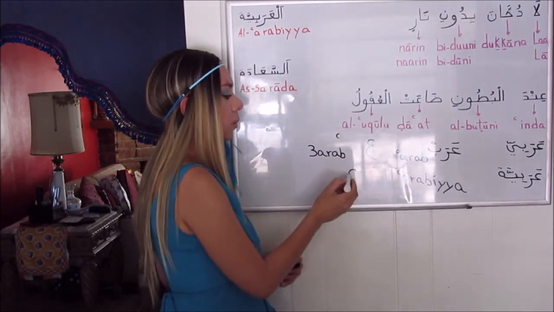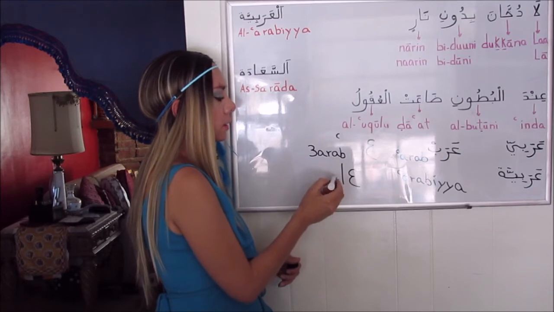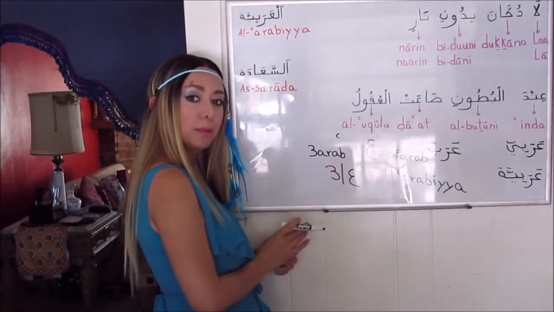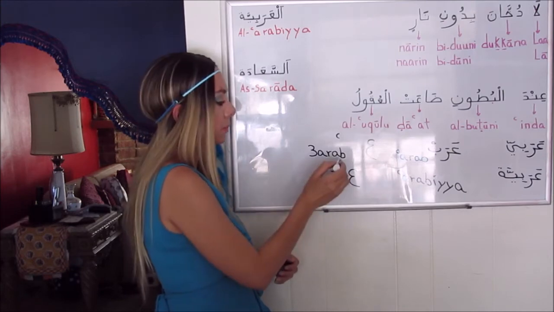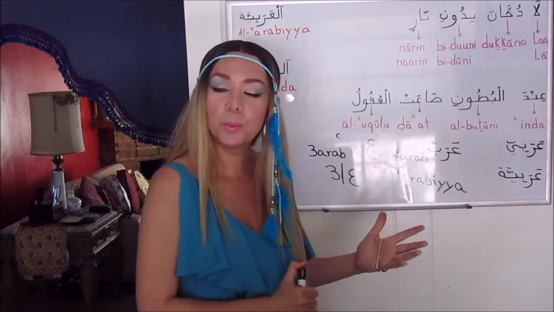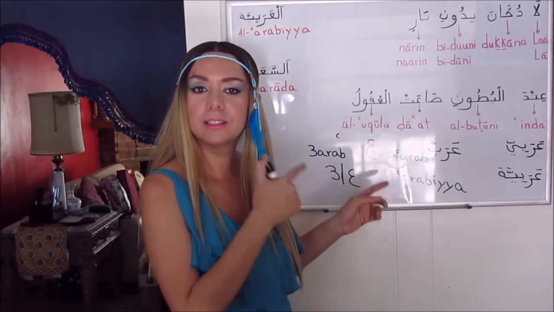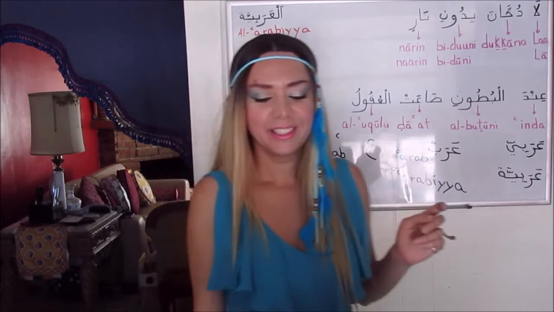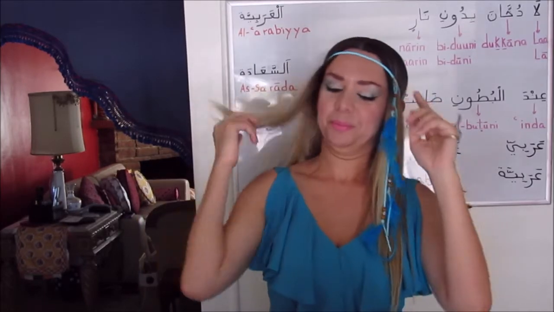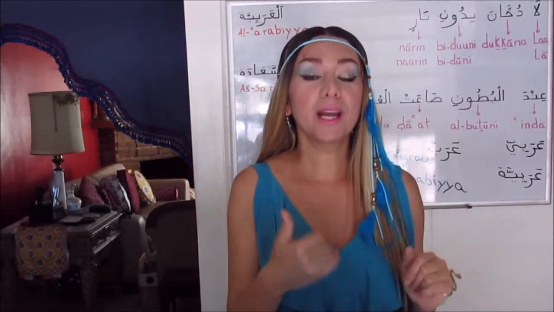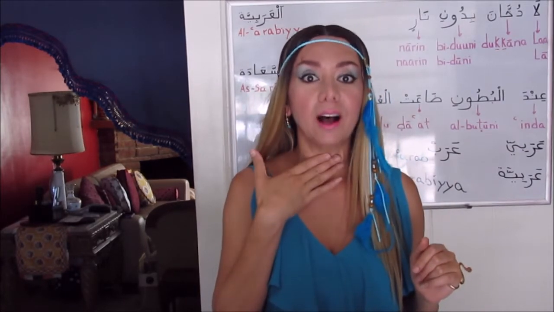So here is our ain and here is its reflected image. Here is the mirror. Alright? So the ain would think that it is a 3. Tricky reflection. So ain is simply a compressed a.